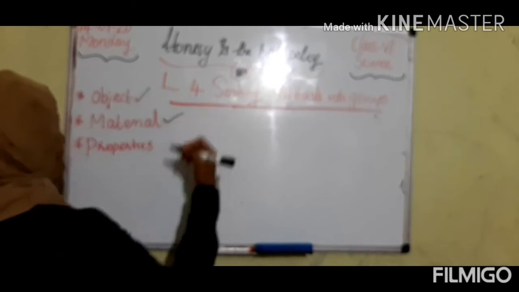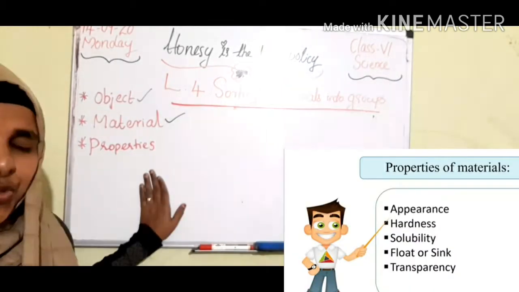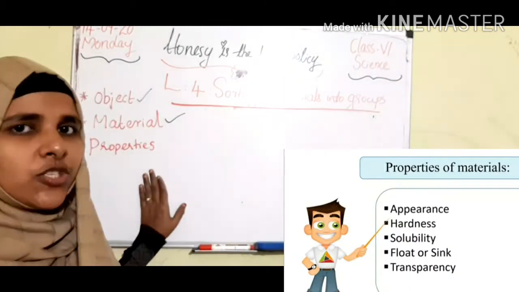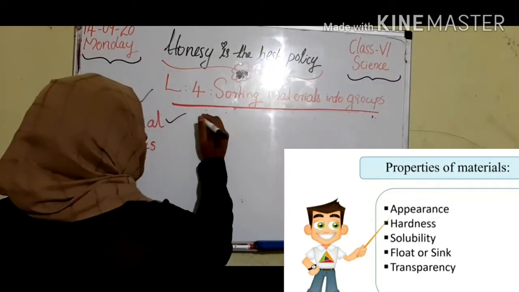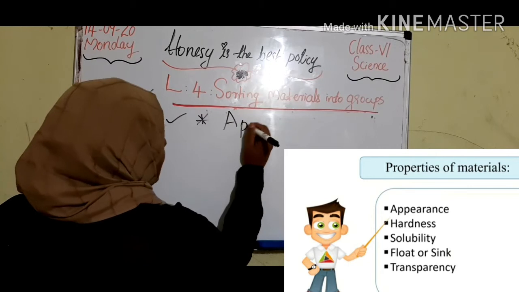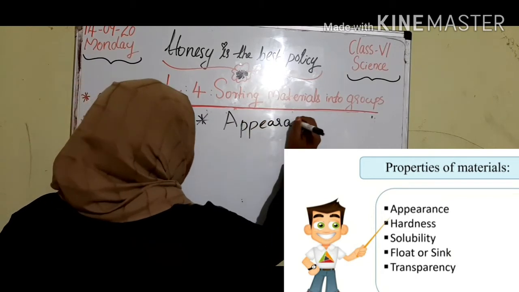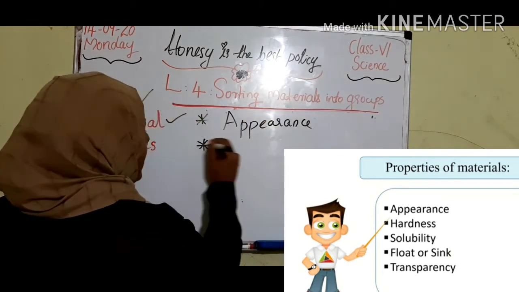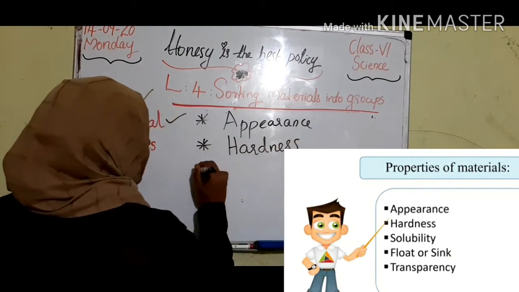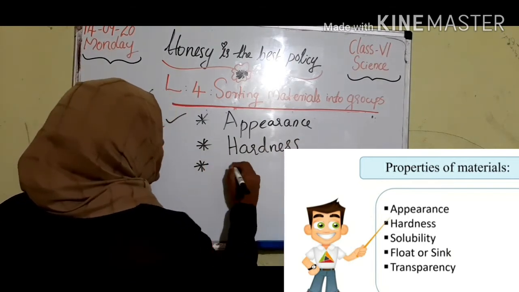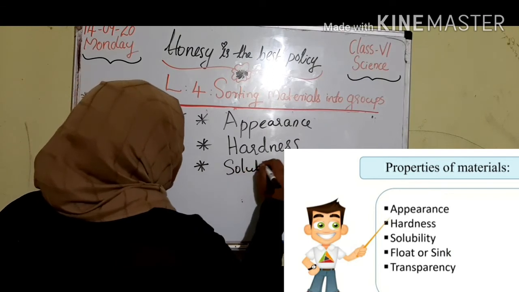Okay. So dear children, now we learned what objects are and what materials are. Next I am going to teach you the different properties of material. We can check them one by one. First one is appearance, like its look. Then the second property is hardness of material. Third property is solubility of material.